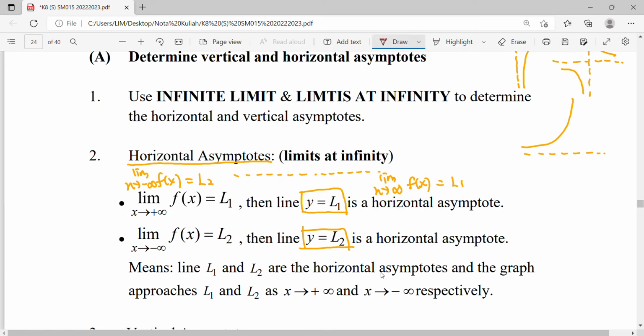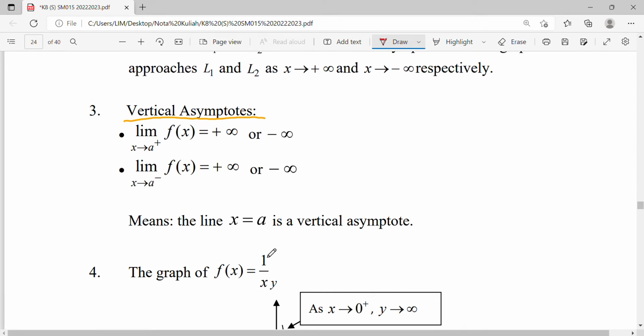Okay, so for vertical asymptote, we are going to find limit at a point, one-sided limit. So find out the value of a from your domain where your function is not defined. Cari dulu. Your function is undefined at value of a. So your vertical asymptote will happen at x equals to a.